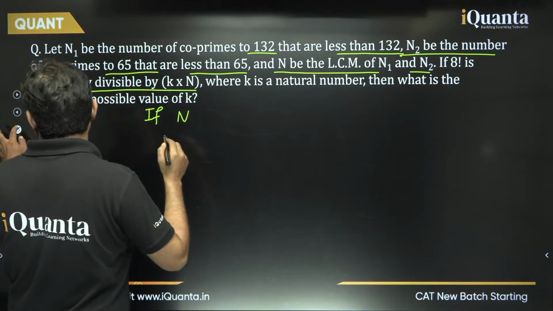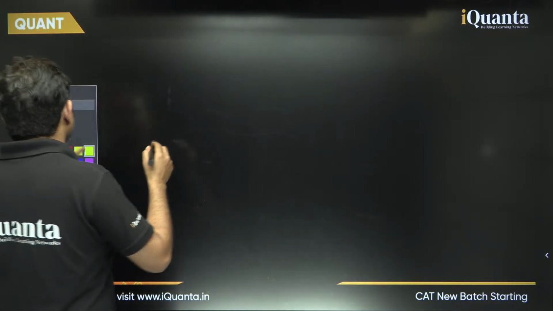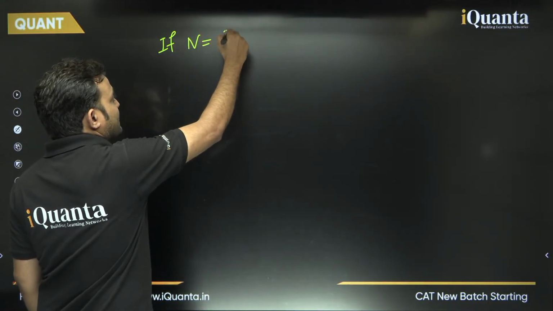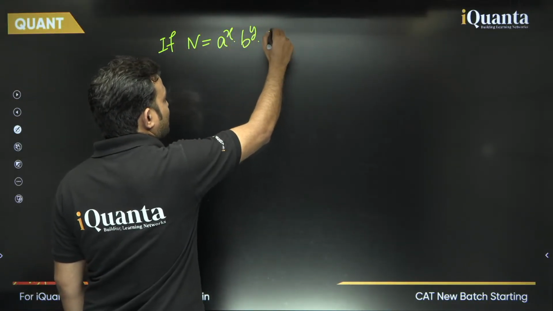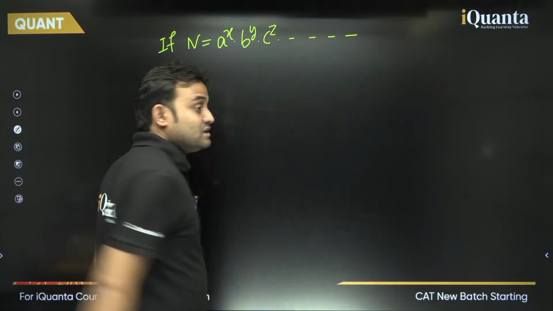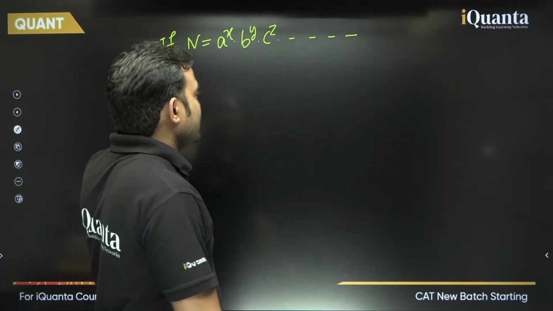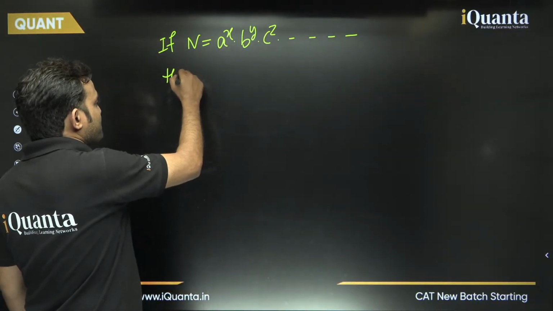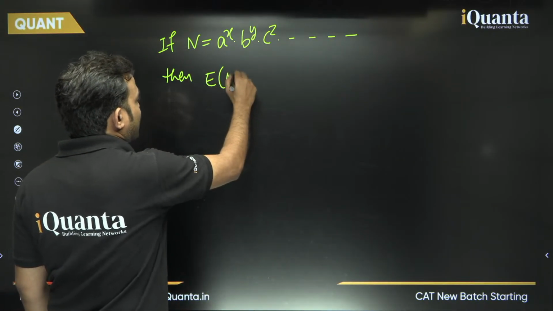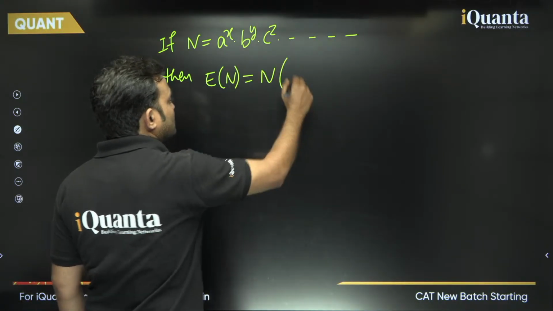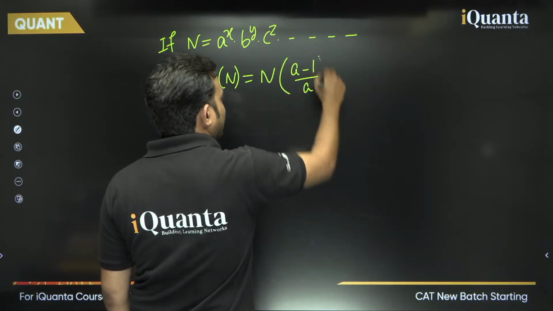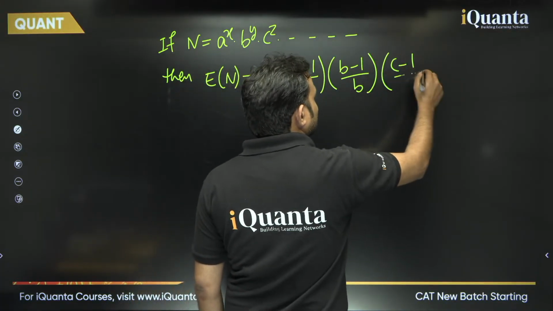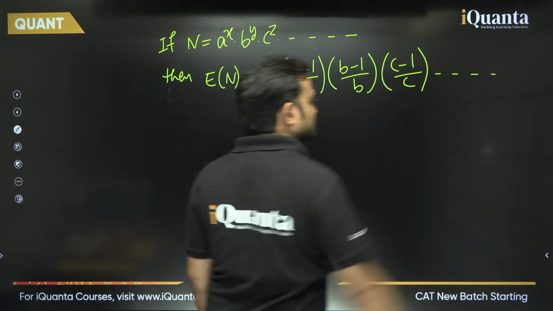First we need to know which formula will be applicable here. If n is equal to a to the power x, b to the power y, c to the power z, and so on, which is the prime factorization of n, where a, b, c are the prime factors of n, then Euler of n is equal to n into (a minus 1) upon a, (b minus 1) upon b, (c minus 1) upon c, and so on.